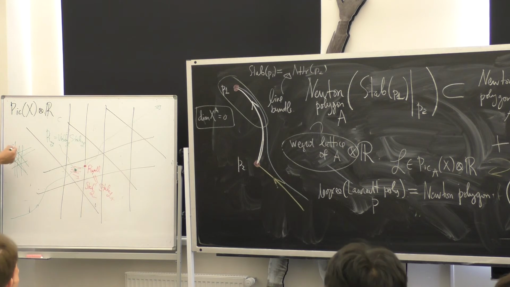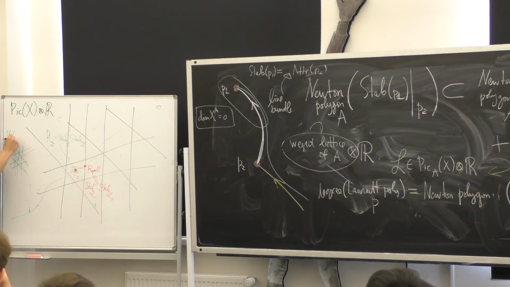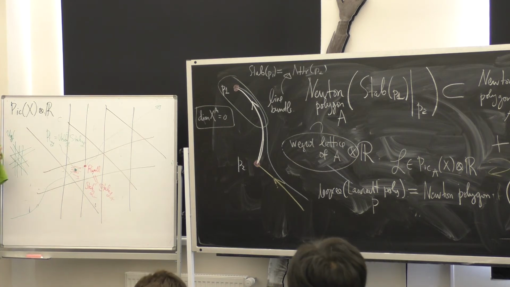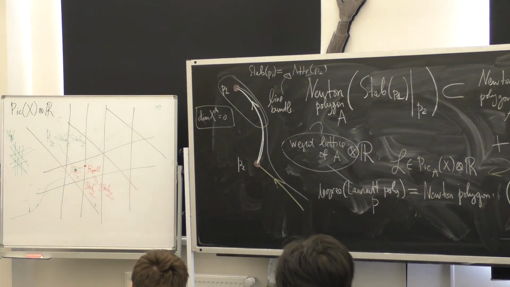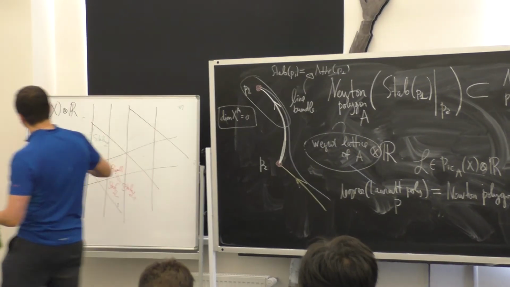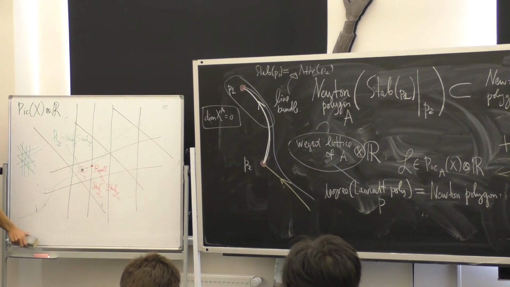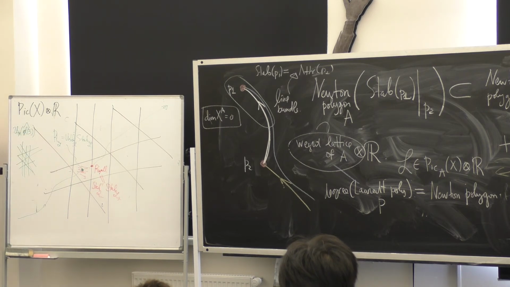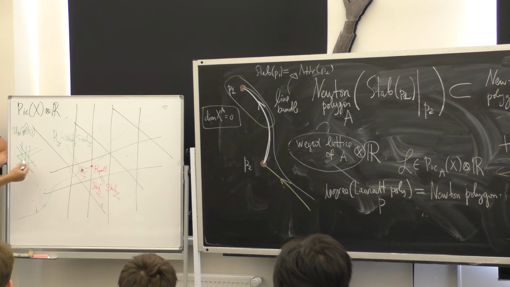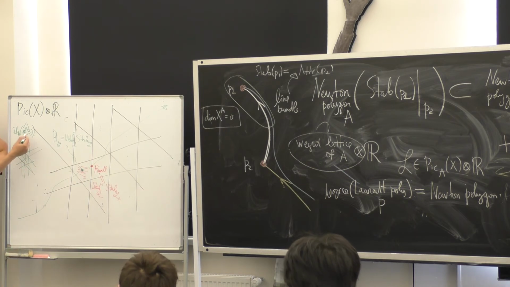But this is the picture you're going to get for U_ħ of gl_3 hat. These are really the roots of the affine Lie algebra.